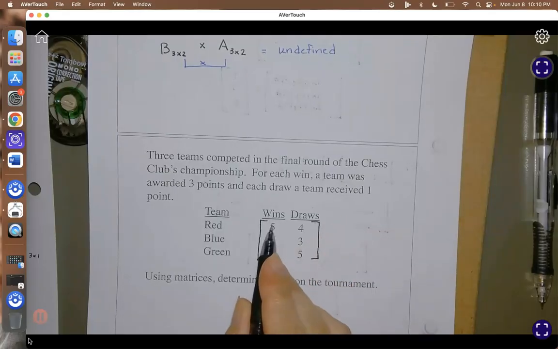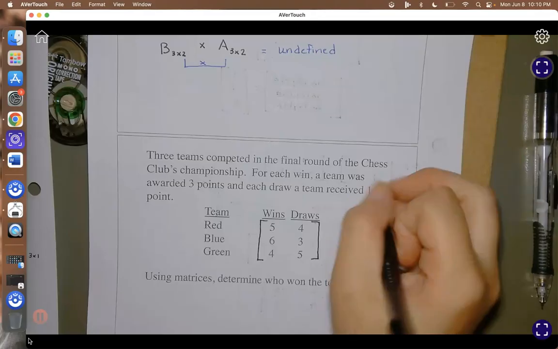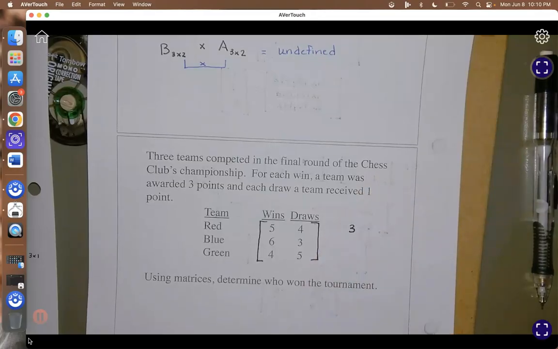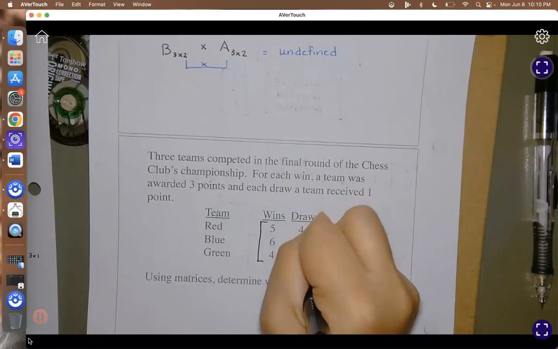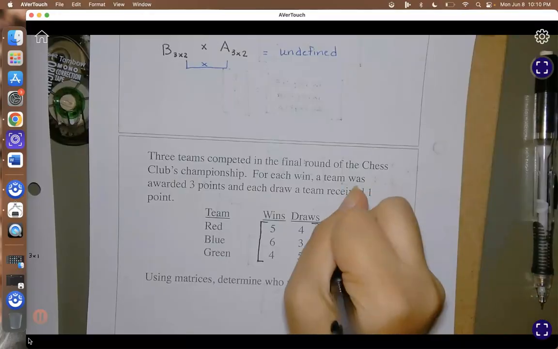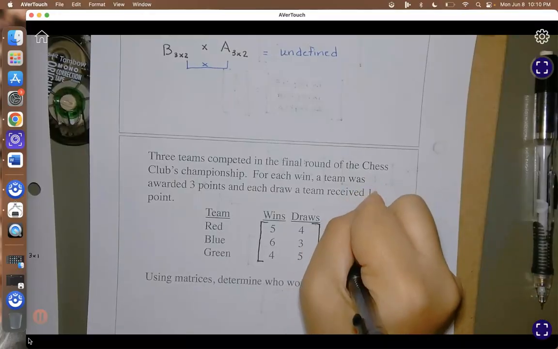And this number right here is always going to be multiplied times the first number. So that's the 3, or that's for a win. And the second number is always going to be multiplied by this number. So this is going to be a 1.